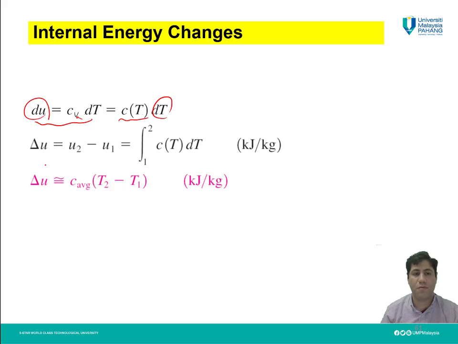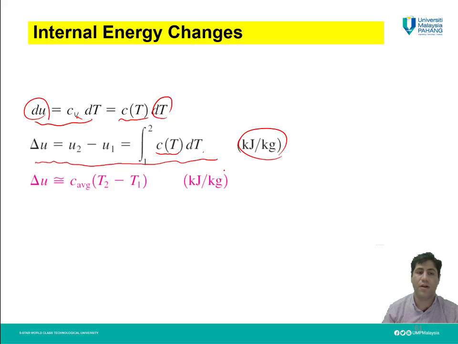Also, for incompressible substances we have an equation similar to the one for gases, but again we have only C as a function of temperature T. U2 minus U1 equals the integral of C as a function of T dT, in kilojoules per kilogram.